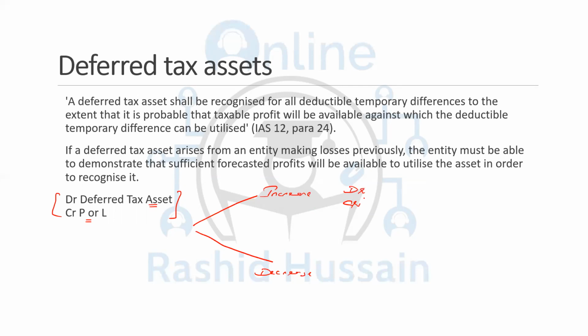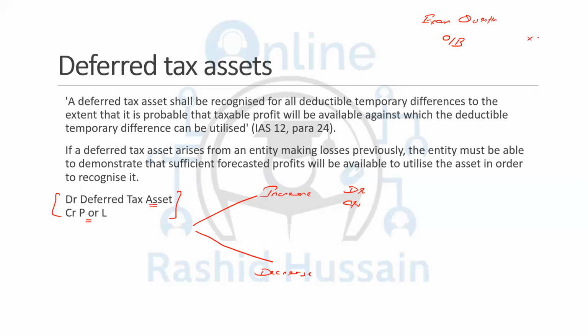Now, how can we figure out whether we are having an increase or a decrease in the deferred tax asset? Remember, in the exam question, you will be having an opening balance either for the deferred tax asset or for the deferred tax liability. So we have the opening balance.